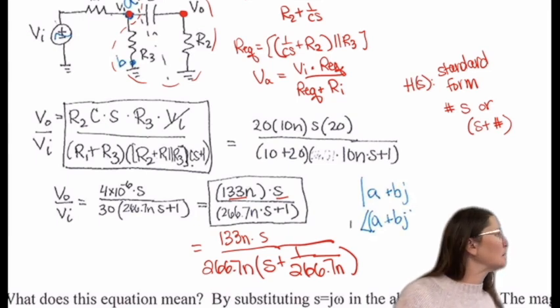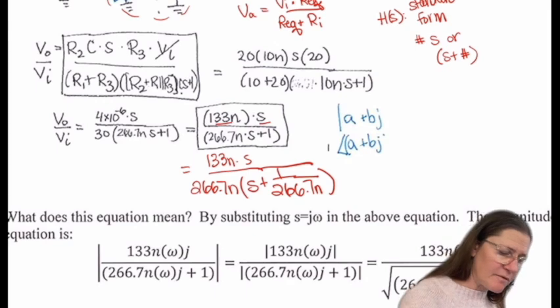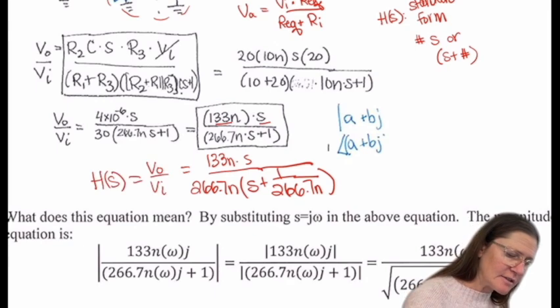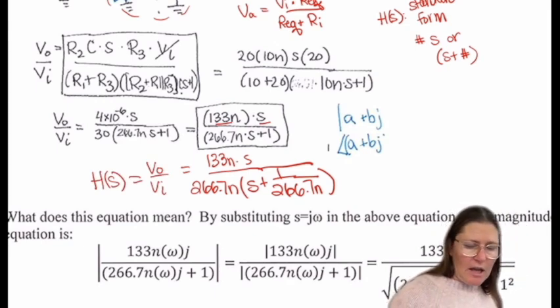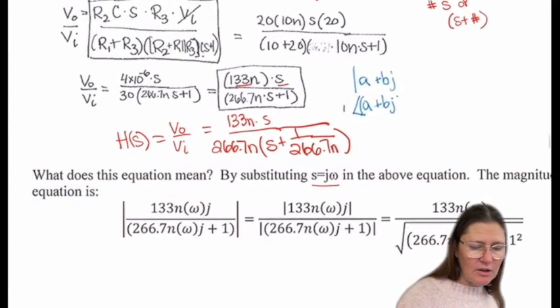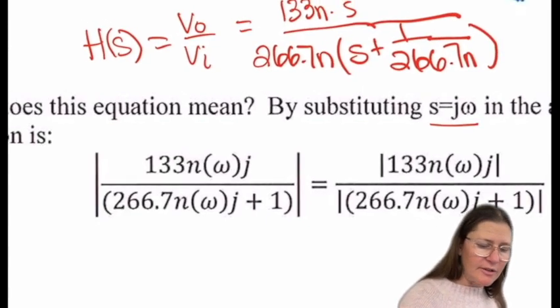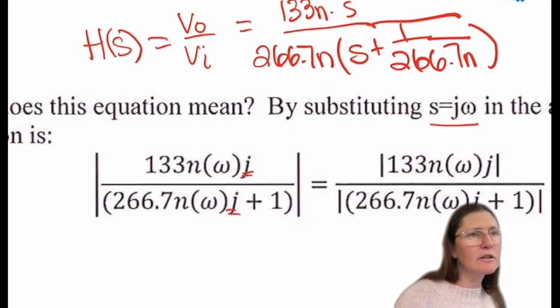So this would be what I consider standard form. Now I have this VO over VI, or I could say it's H of S. And as I said, we're trying to get what's called this Bode plot. So I substitute S equals J omega, and then I can take the magnitude of that, because now I have my imaginary number in there with J.